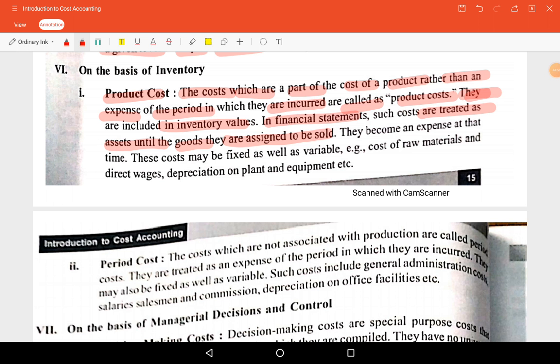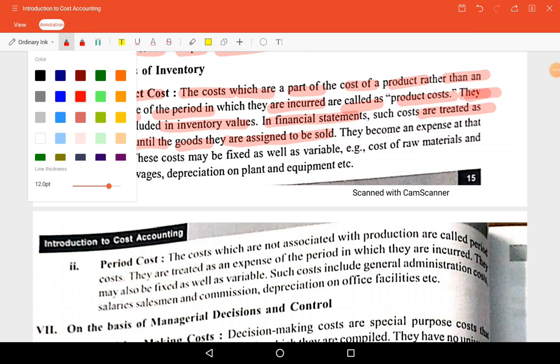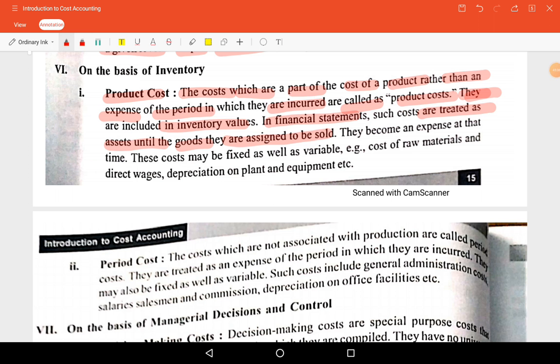There is raw material. Raw material at the end of the period will be called whether material or finished goods or work in progress.